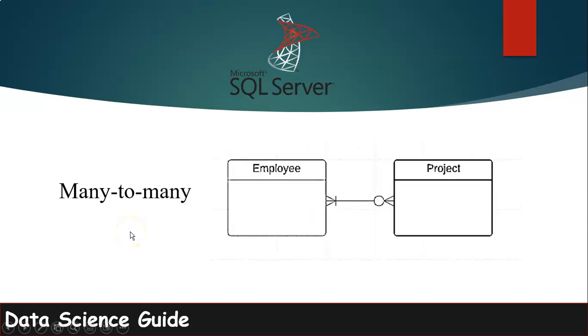The third type of relationship here is many to many, and the example for that is the relationship between employee and project. An employee can work for many projects or none. So the circle here means none.